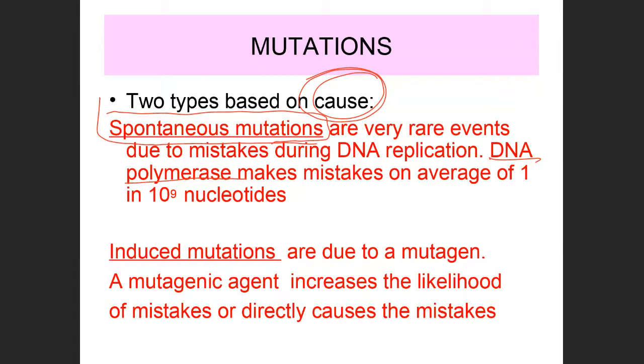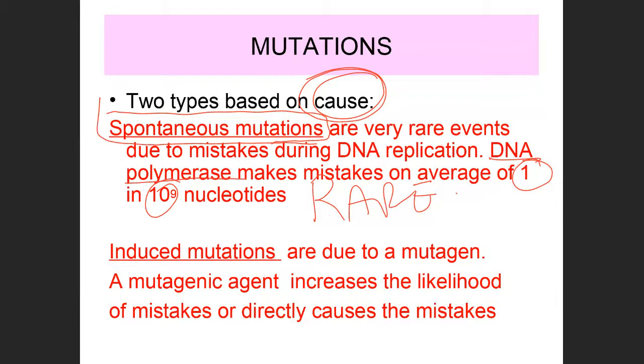In 1 in a billion nucleotides, there may be a mistake. So spontaneous mutations are rare because it involves a mistake in DNA replication, and DNA polymerase very seldom makes mistakes.